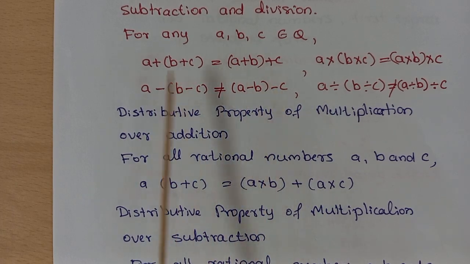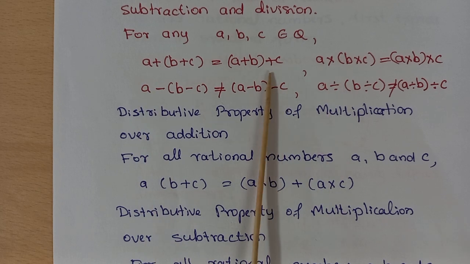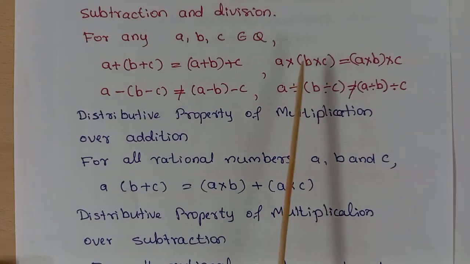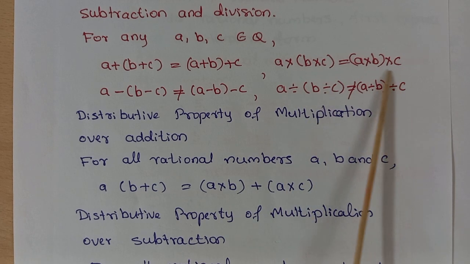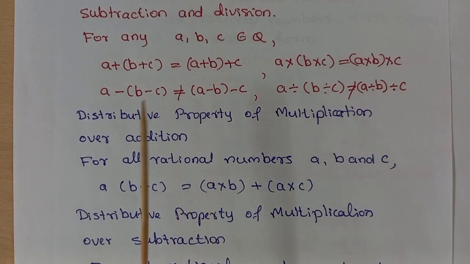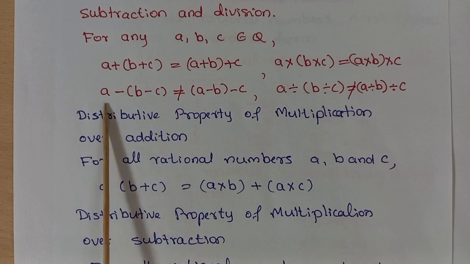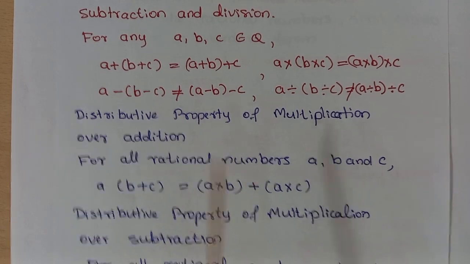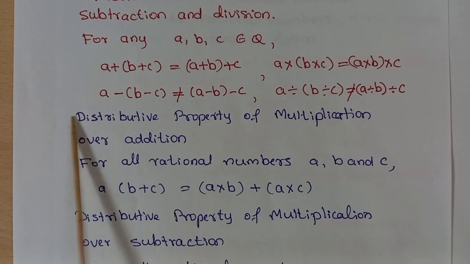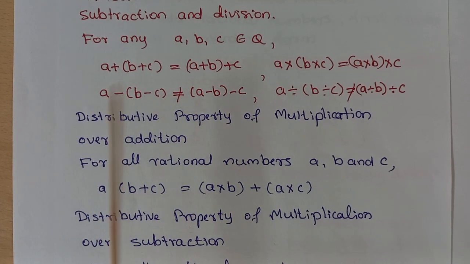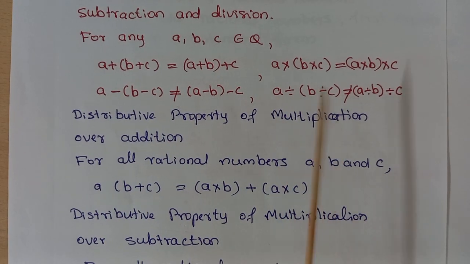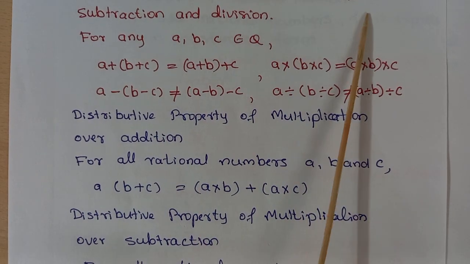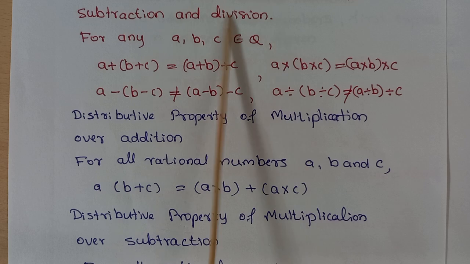If we group the numbers differently, the sum will remain the same. Similarly, the product will remain the same. Whereas subtraction is not holding good for associative property, because when we subtract numbers, the difference is not equal, and the quotient is also not equal. Therefore, associative property does not hold true for subtraction and division.